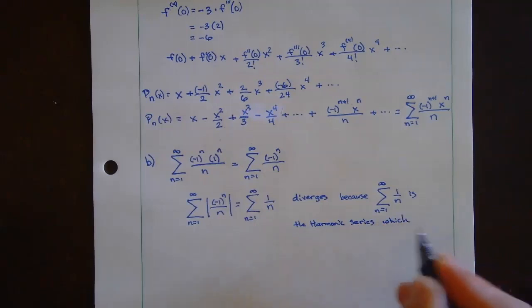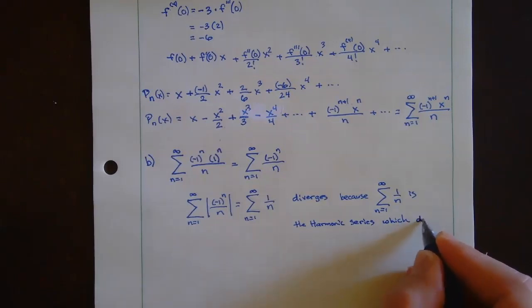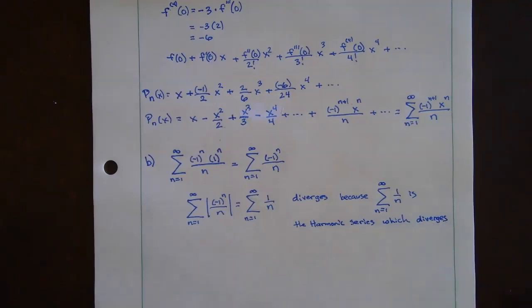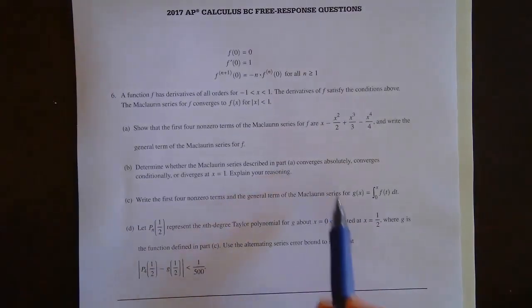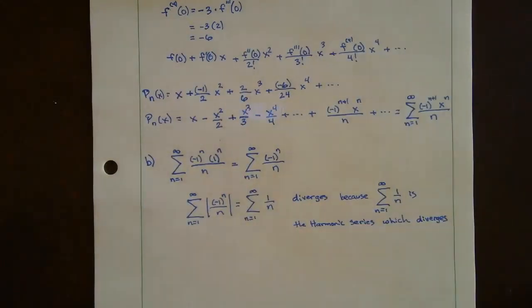You could also use the p-series test. Okay, so that means the series, because it was asking you to determine whether the Maclaurin series described in part A converges absolutely, converges conditionally, or diverges at x equals 1. So it is not, because this is the absolute value of it, right? It is not converging absolutely, okay?